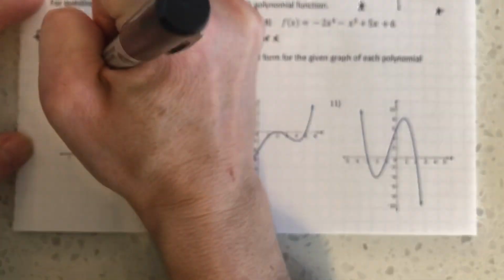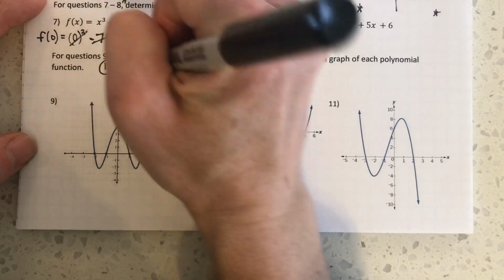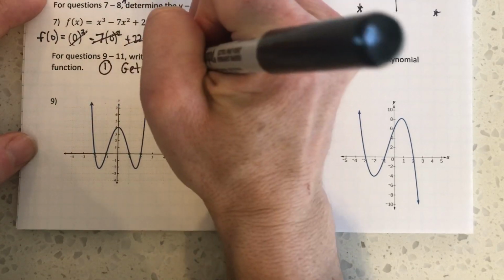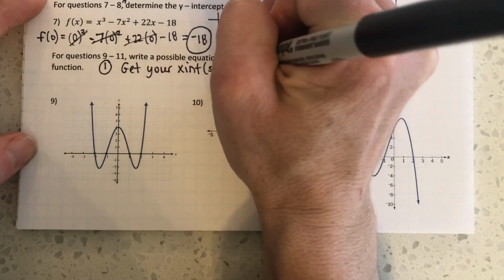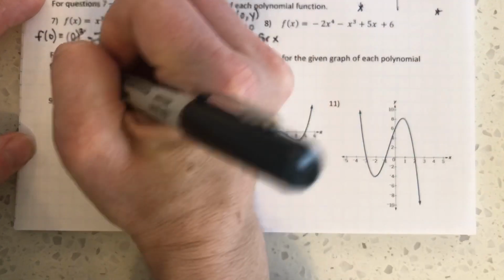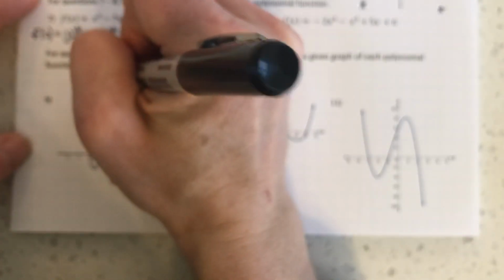So number 1, get your x-intercepts or your zeros, whatever you want to call them, right? Then you're going to write those x-intercepts as factors.